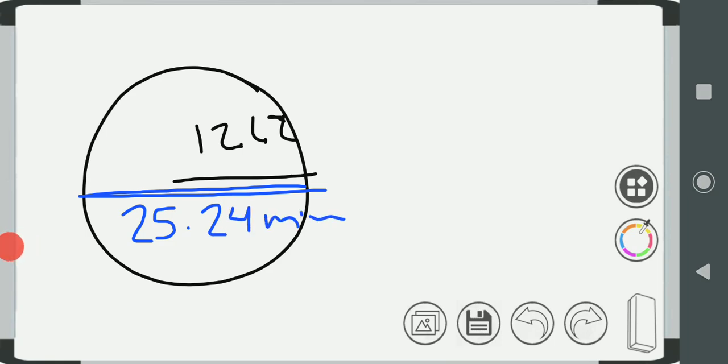I think we were working in millimeters, possibly I just mixed that up. It might have been inches. I don't remember at this point. So we have 12.62 for our radius and 25.24 for our diameter.